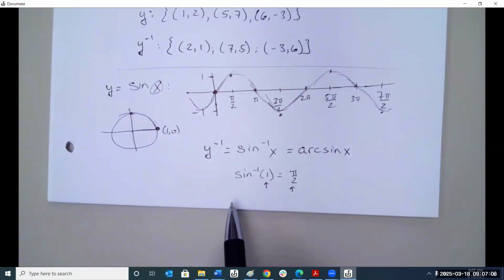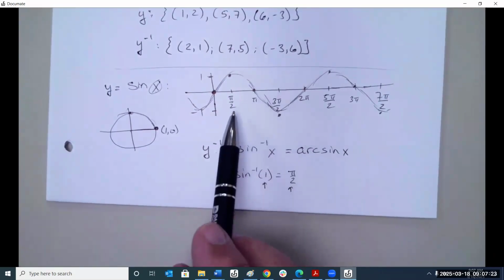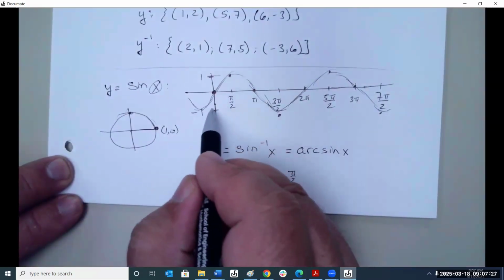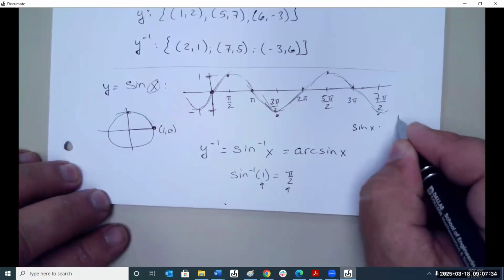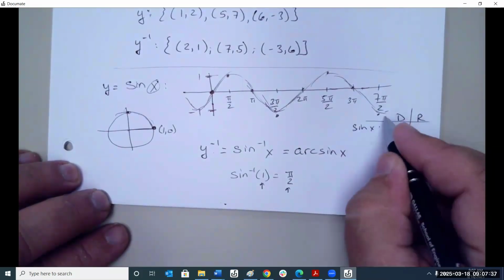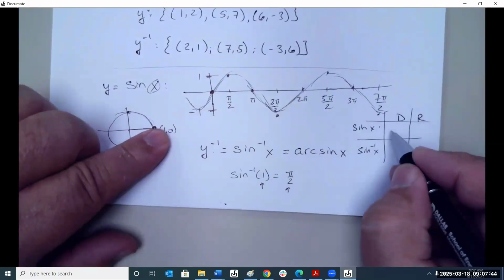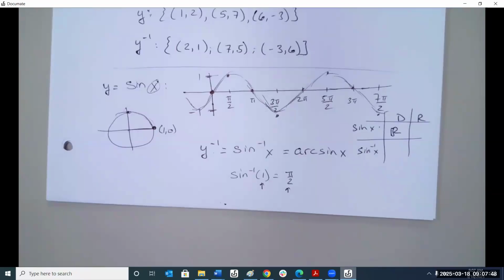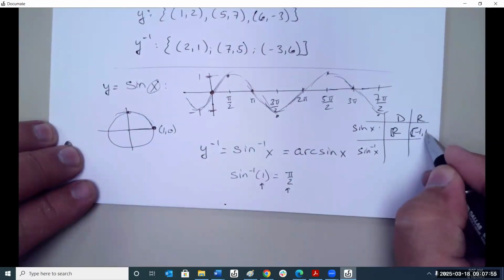So what's the graph going to look like for the inverse sine? It's hard to picture when you first think about it. Remember I said we switch x and y. So first off, the domain of sine is what? All real numbers, -infinity to +infinity. What's the range of sine? -1 to 1.